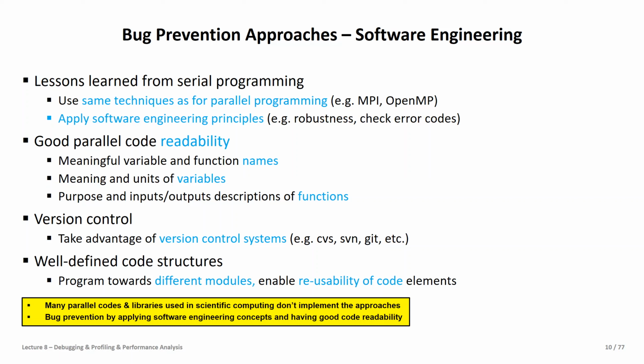That is not so obvious in older codes, because they are driven by physics and not by software engineering principles. But today, more and more of these codes are moving towards integrating software engineering experience with more modular aspects, plug-in elements, and reusability of code through libraries and so forth. However, many of them, as I said, don't really implement these approaches.